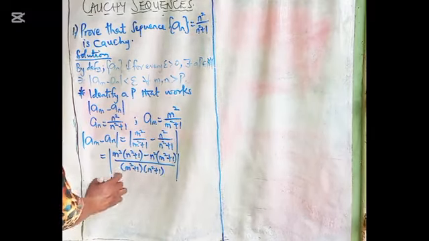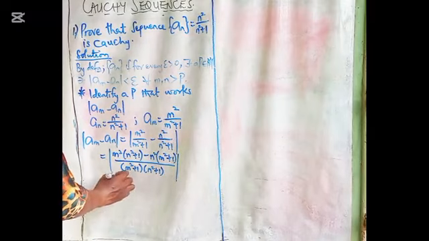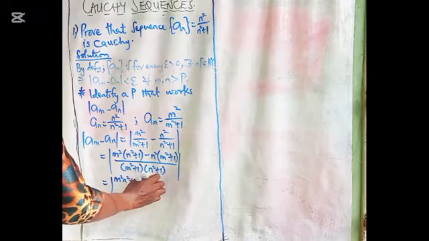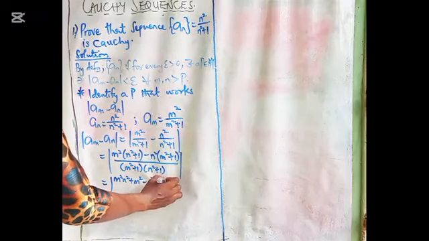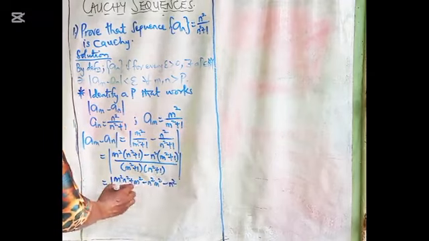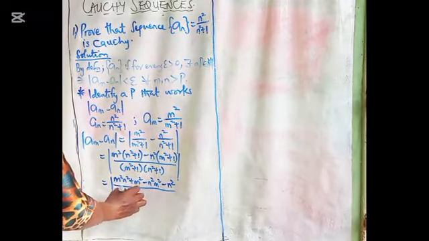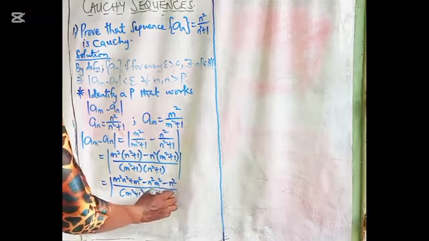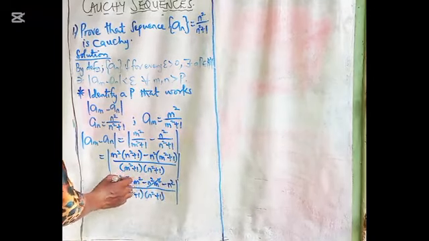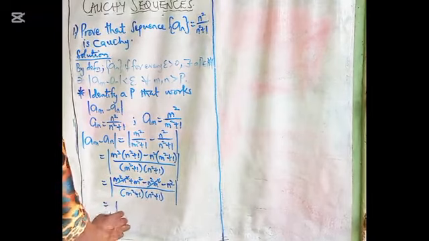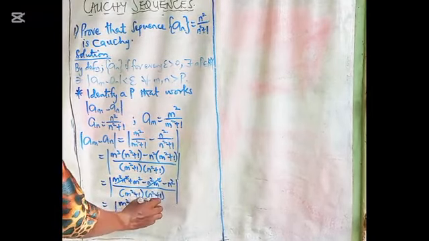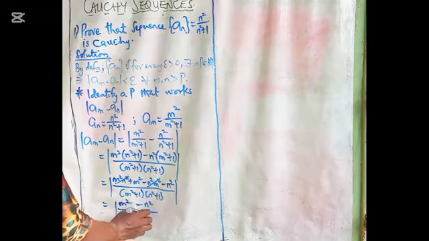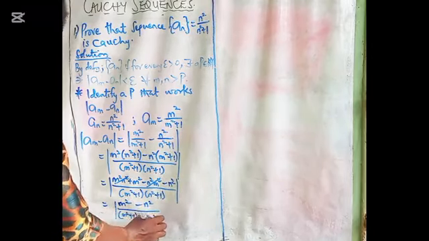This then gives us, by the time we open the bracket, m squared n squared plus m squared minus n squared m squared minus n squared, over m squared plus 1 into n squared plus 1. This cuts this. We are left with m squared minus n squared over m squared plus 1 into n squared plus 1.